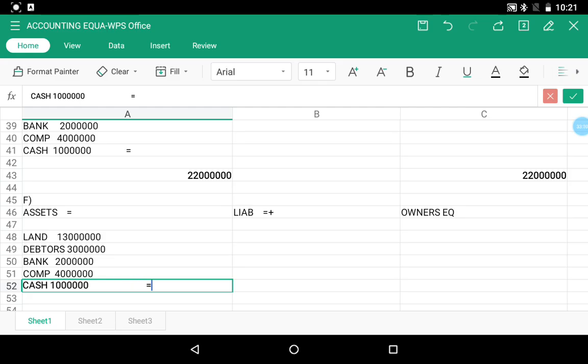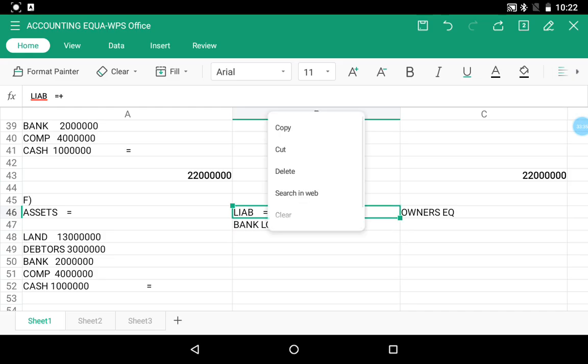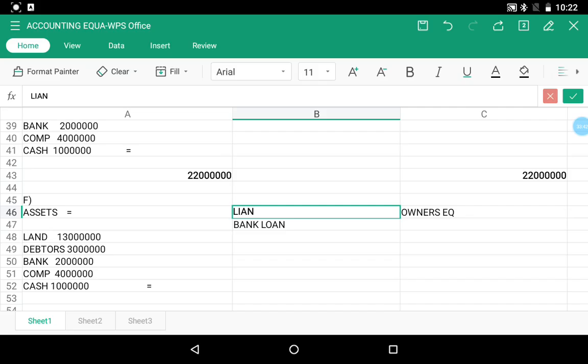On this side, under liabilities, we still have bank loan, worth 15 million, the other one from Stanbic.